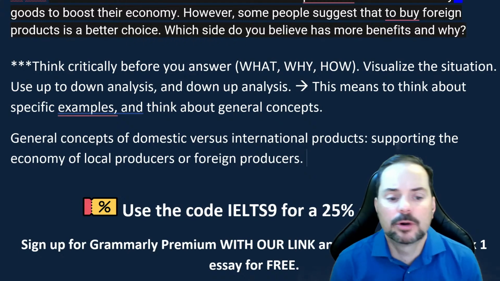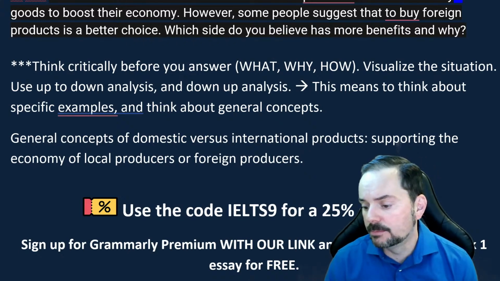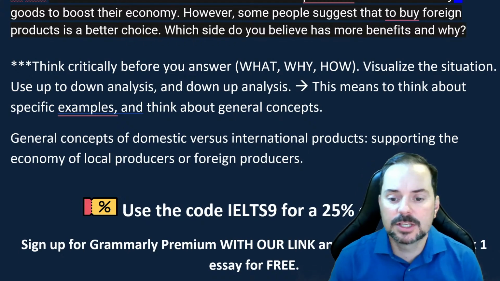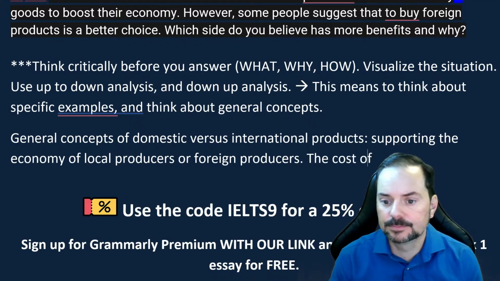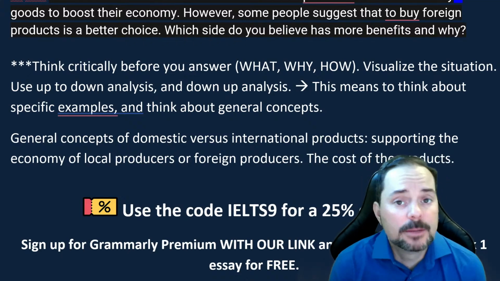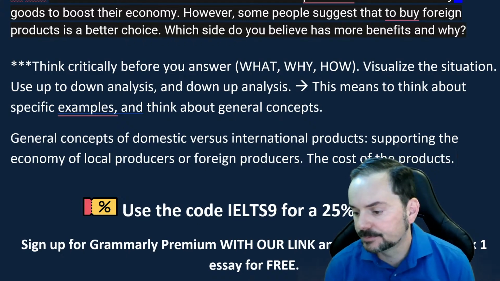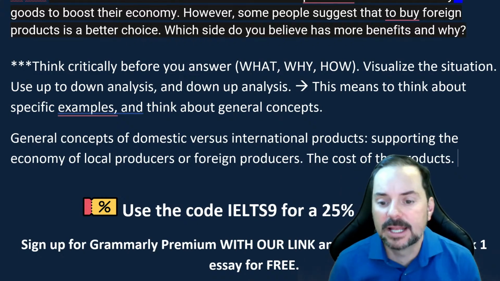Okay, so supporting the economy of local producers or foreign producers. Okay, Money Deep says the cost of the products. Okay, now for some people, answers will be different. Okay. Chayan Kip says reasonable price for domestic brands.